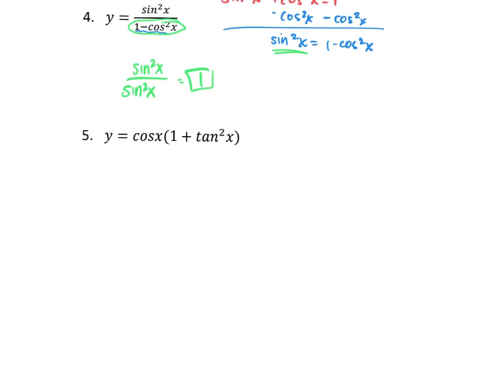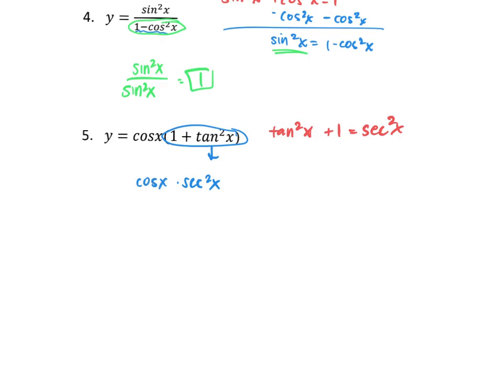And then over here, this also reminds me of a Pythagorean identity. It reminds me of this one, actually, let's do a different color: tangent squared x plus 1 equals secant squared x. Okay, so that means I can take this tangent squared plus 1 and rewrite it as secant squared x times cosine x.